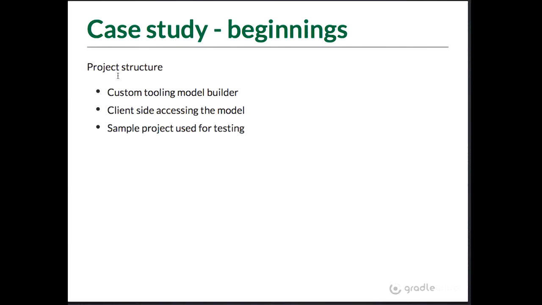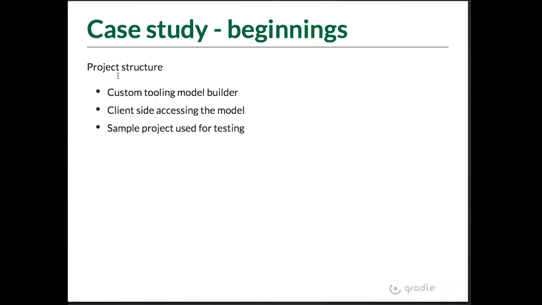So at the beginning, we will create a multi-project build, which is not one build, but two builds. One of them is the real project. There will be a sub-project building the model and using the Gradle APIs to provide that model from Gradle.